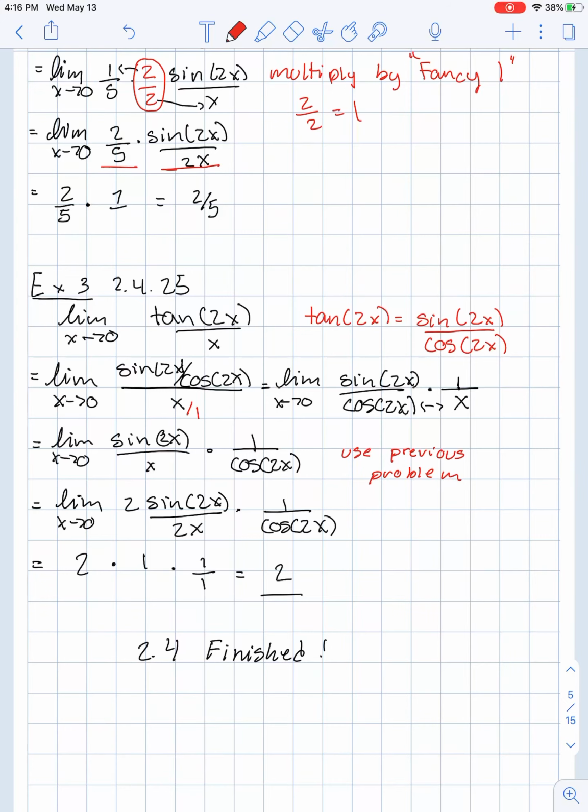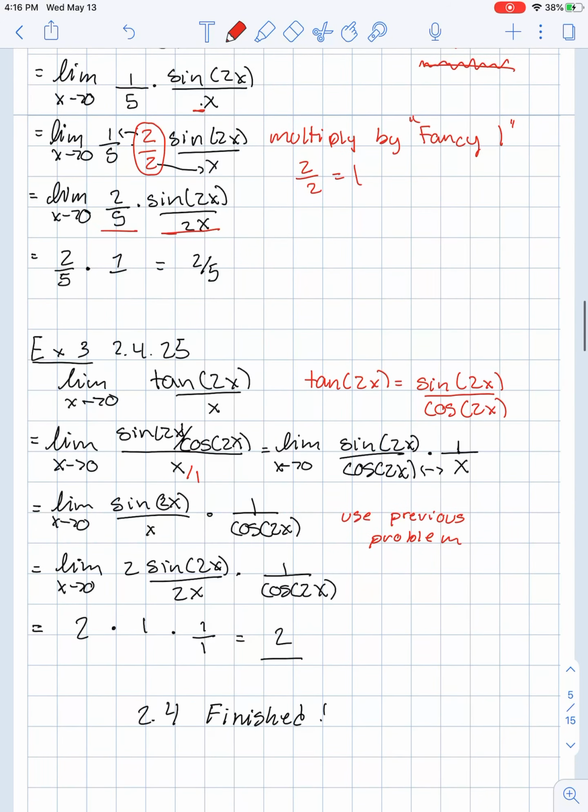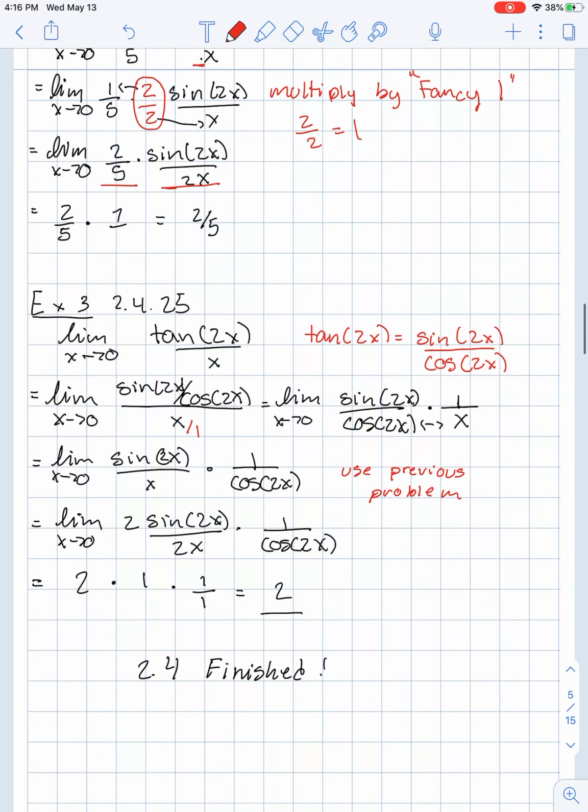Well, we can use what we learned from the previous problem and multiply by this fancy 1. And here's my fancy 1 right here. It's 2 divided by 2. Doing that allows me to use the limit that I already know of sine of 2x over 2x as x goes to 0 being 1.